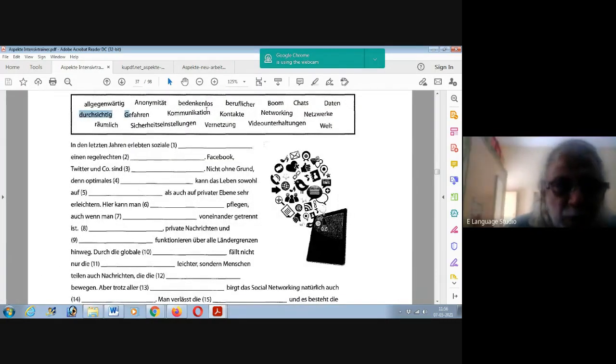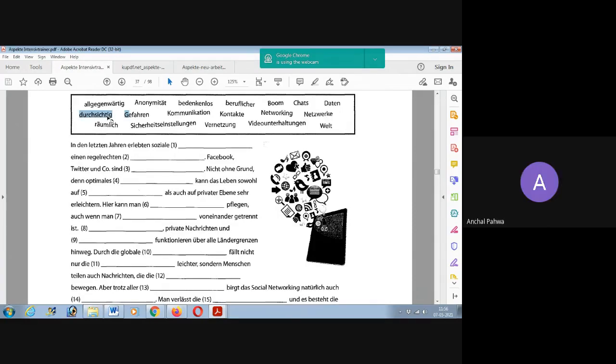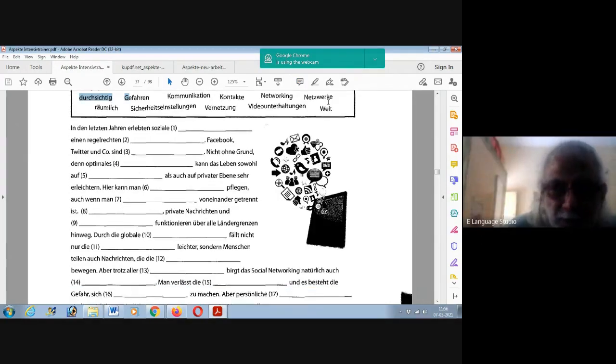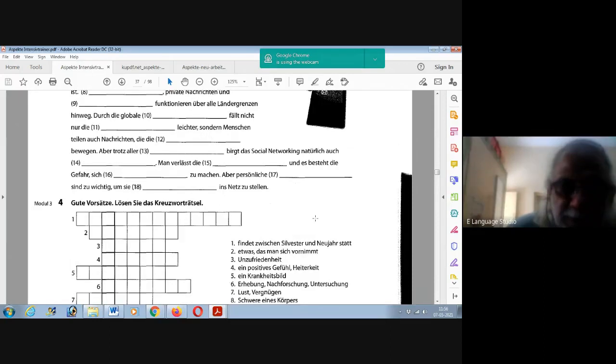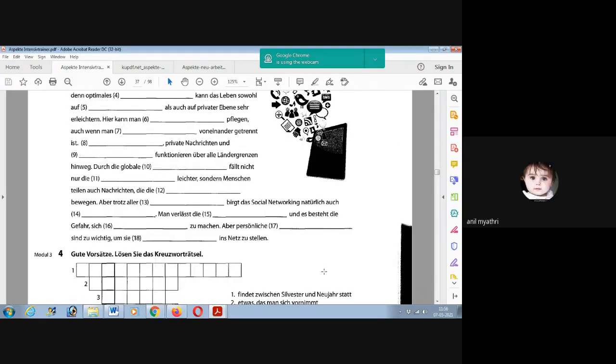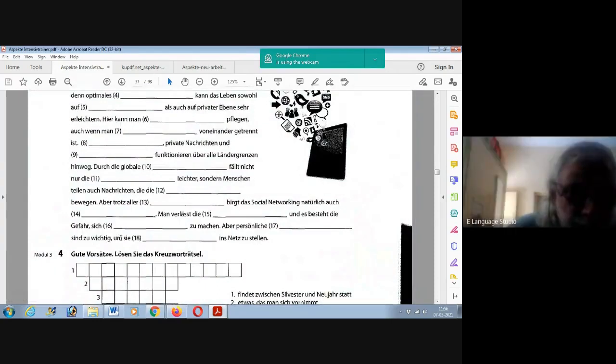Anonymität, bedenkenlos und durchsichtig. Only three are left. Aber persönliche Daten sind so wichtig, sie so und so ins Netz zu stellen. If you say sie, the sie refers to Daten.